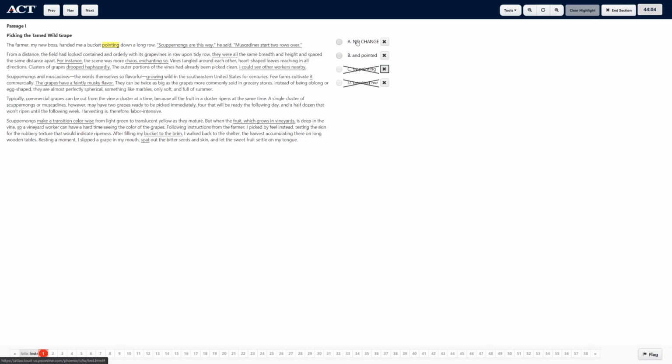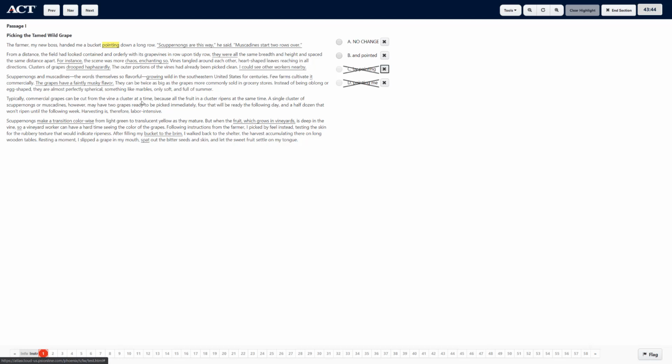So these both are plausible. The difference is that here "pointing" is ambiguous, right? We can say "a bucket pointing down a long row."